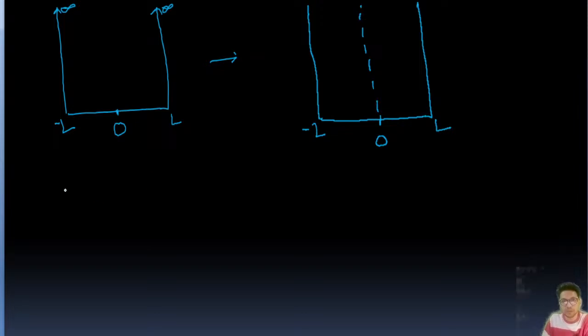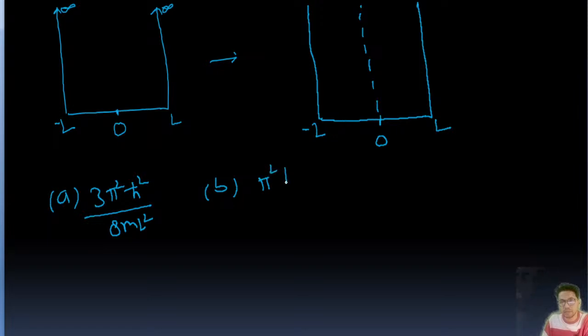And the options are: option A is 3 pi square h square upon 8 ml square. Option B is pi square h square upon 8 ml square.